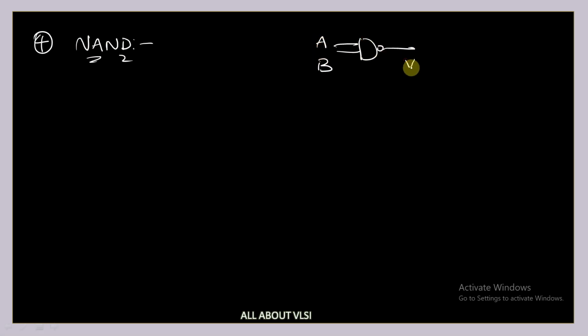Now, what is the next gate? NAND. Okay, so let us try this NAND gate. Tell me how to build this NAND gate. So this is your NAND gate, with inputs A and B, and Y is equal to AB whole bar.